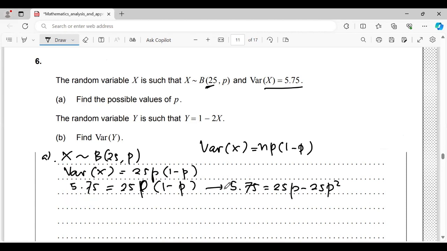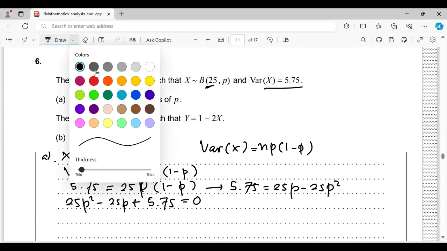We can arrange this equation to become 25P squared minus 25P plus 5.75 equals 0.